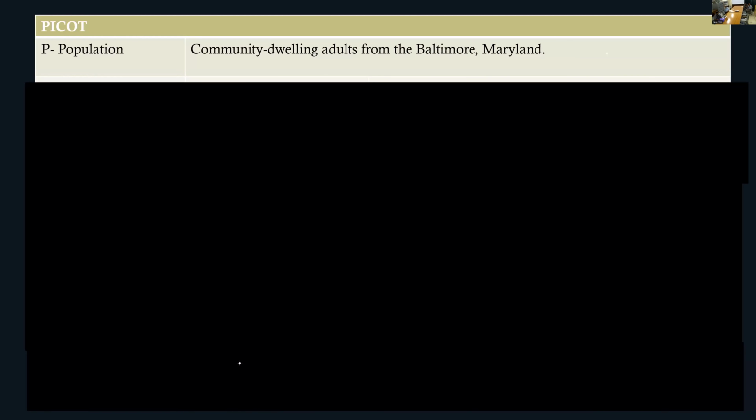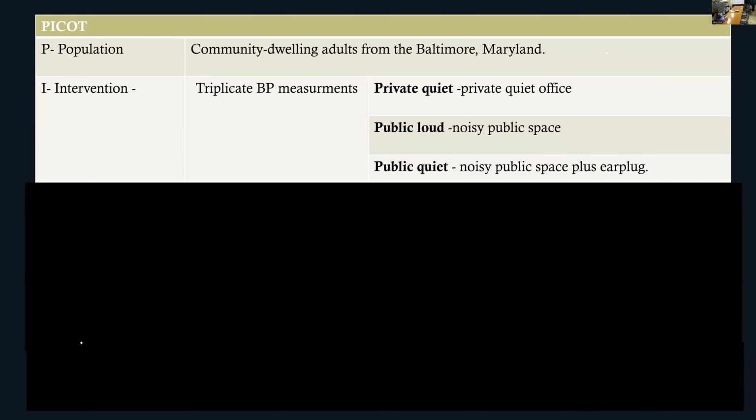Coming to the PICOT statement, the population were community dwelling adults from Baltimore, Maryland. Interventions: there were 3 settings where triplicate BP measurement was taken. The first was private quiet, which was a private quiet office. Second was public loud, which was a noisy public place. Third was public quiet, a noisy public place with earplugs.